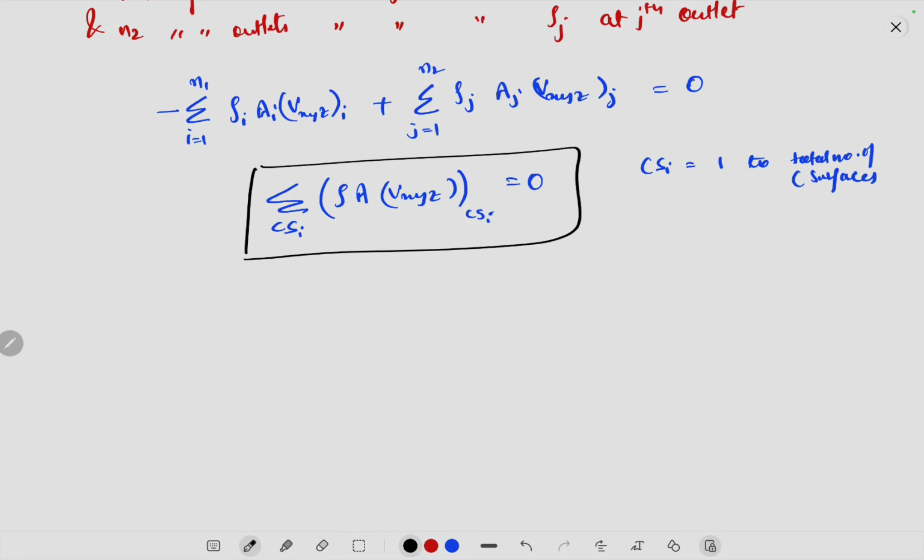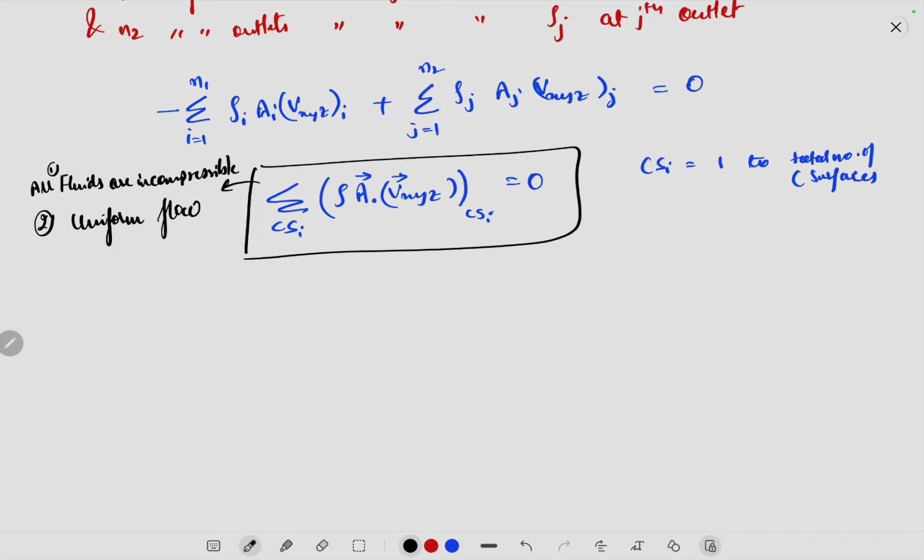And this is the case for when all the fluids are incompressible and the given flow is uniform.